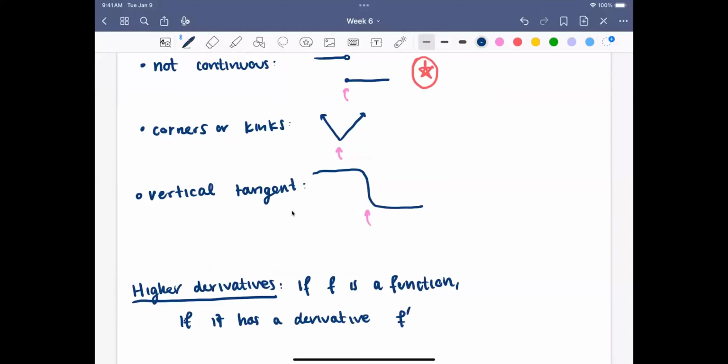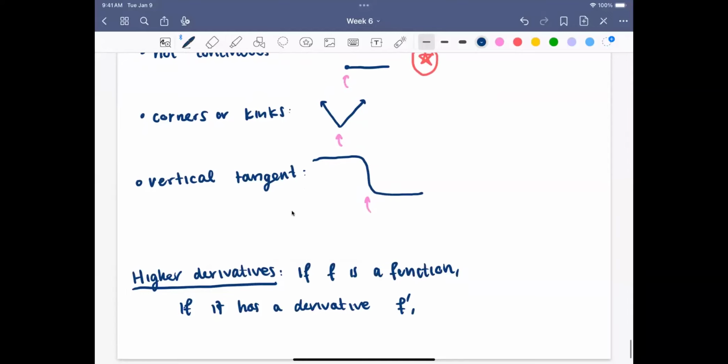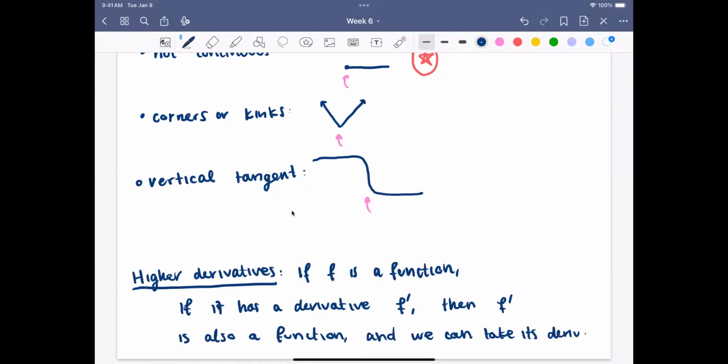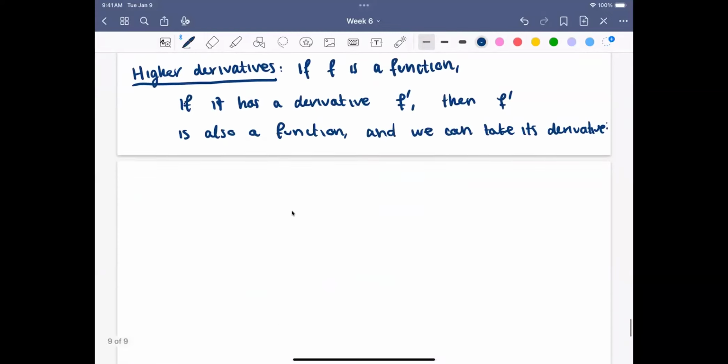If it has a derivative f prime, then you can also view f prime as a new input function to which we could again take the derivative. Then f prime is also a function and we can take its derivative. So here's how you would write it.